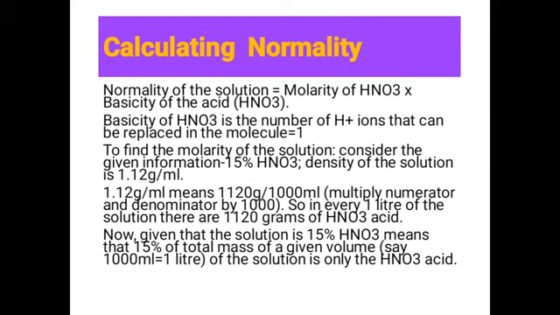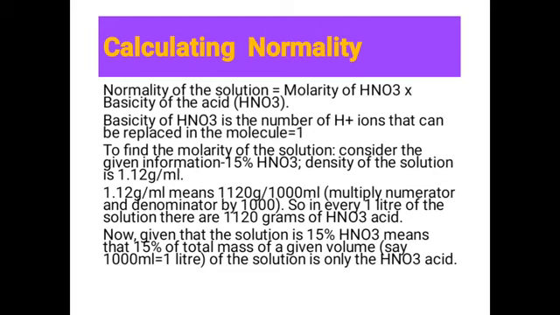To find the molarity, because we are not given any other information apart from 15% HNO3, we say that HNO3 has a density, a specific gravity, which is 1.12.